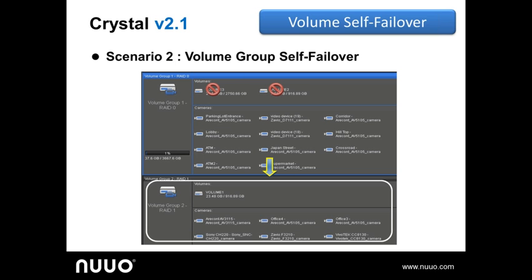So it means that as long as you have more than one volume group in your system, your recording should be safe, because a single volume group failure will not cause the stop recording issue.